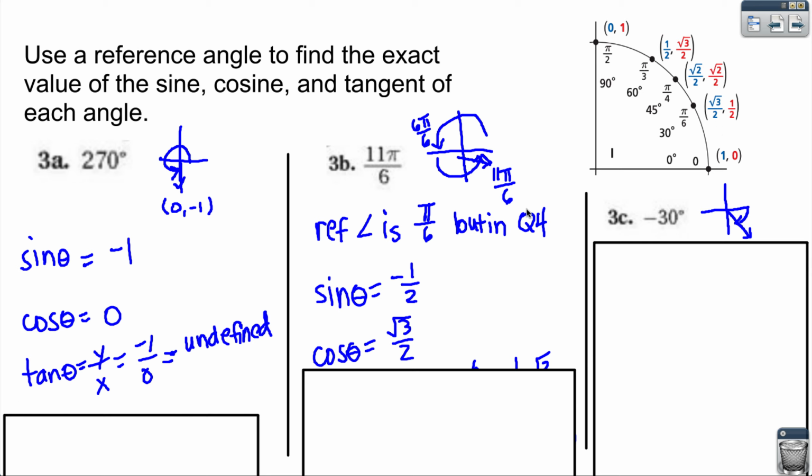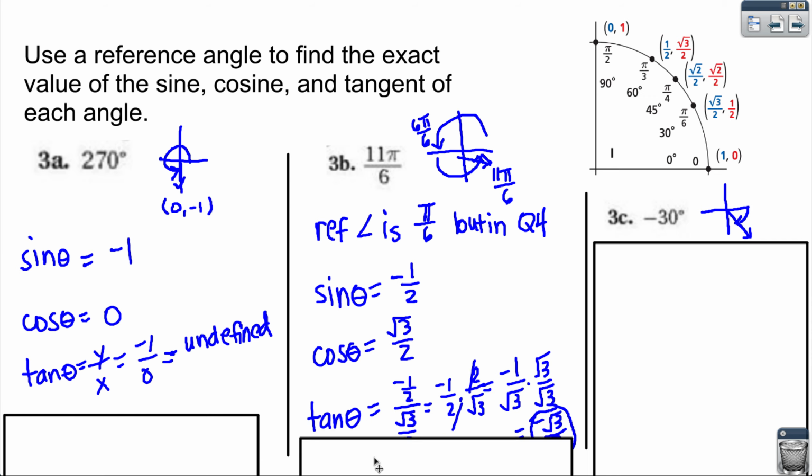And on the other hand, to find tangent, you must divide these two values respectively. So -1/2 divided by √3/2, where simplifying means you need to find the reciprocal of the denominator and multiply it by the numerator. When we did, we ended up finding -1 over √3, which in the past lesson you told me was not okay.